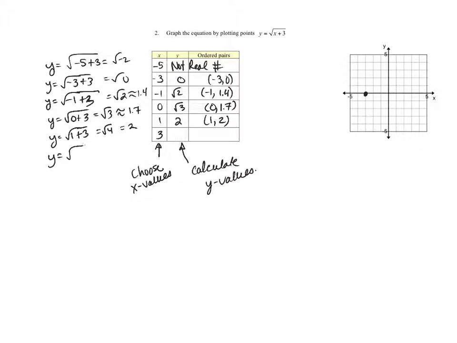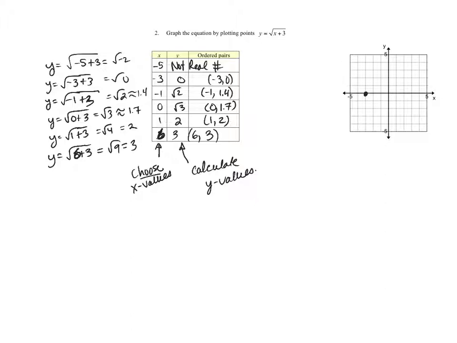And then we have the square root of 3 plus 3. And actually, I'm going to just change that. I'm going to put in a 6 so that that's a nice even number there. Because I get to choose whatever I want, so you can decide what you want. I'm going to just have that be 6, and then that would be square root of 9, which is 3. And there's my ordered pair.